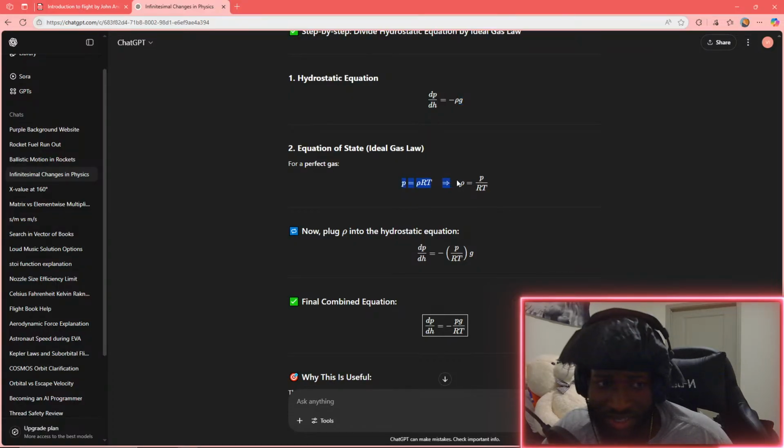The second one is the equation of state. Yeah, that's your pressure is equal to your density, specific gas constant, and your temperature.